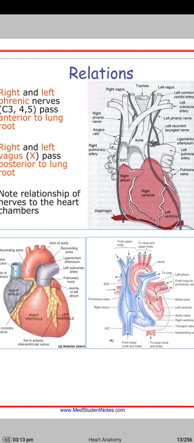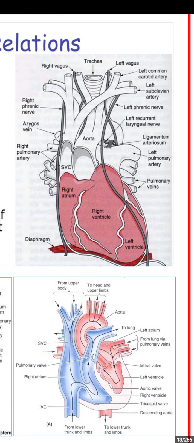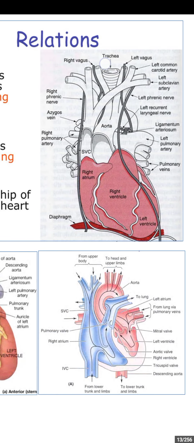So you can see the trachea, you can see the right vagus, you can see the left vagus, you can see the common carotid artery which is between left subclavian and brachiocephalic trunk.